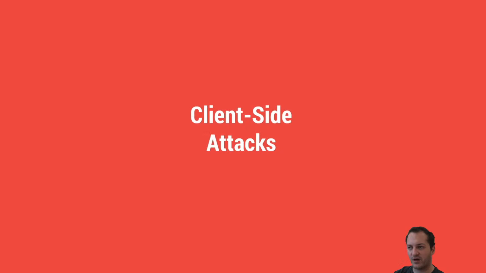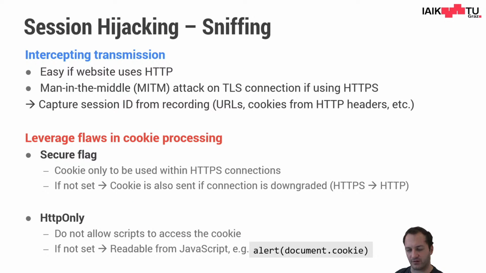So why would we set these security flags? Well, probably it's not a bad idea to set them every time, always. Because if you do not do this, and for example, an attacker manages to downgrade your HTTPS connection to HTTP, and the secure flag is not set, then the attacker might just be able to read the cookie in a regular man-in-the-middle attack.